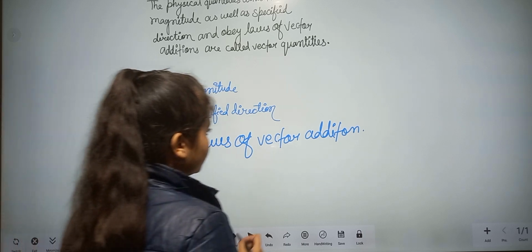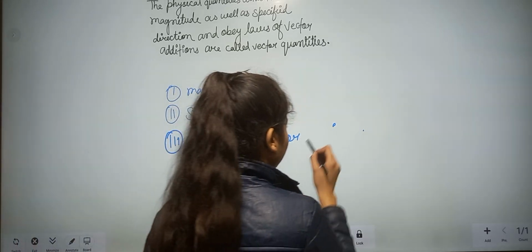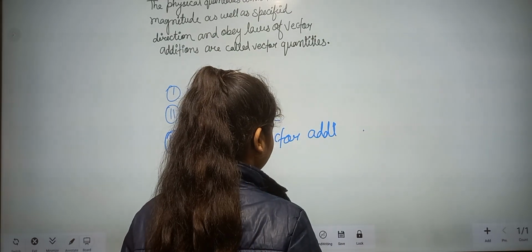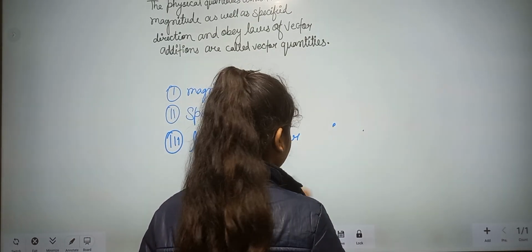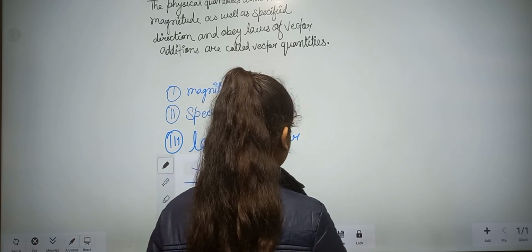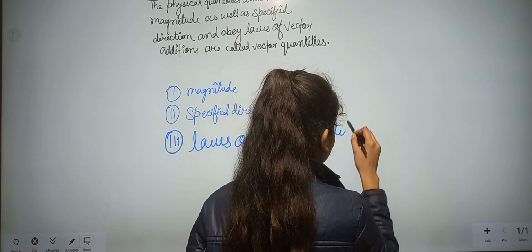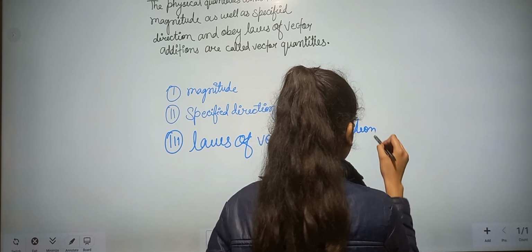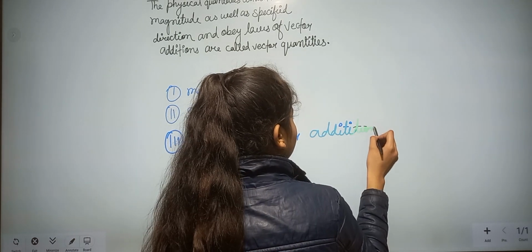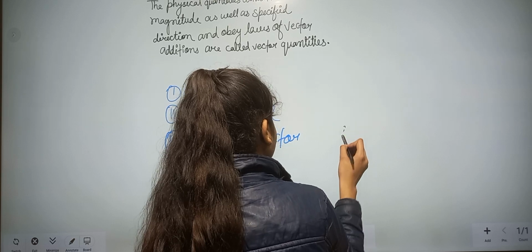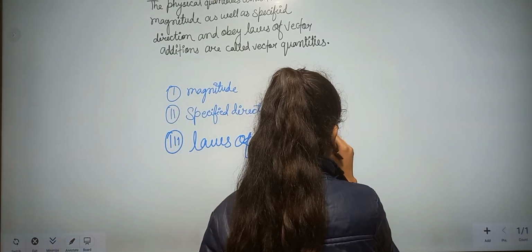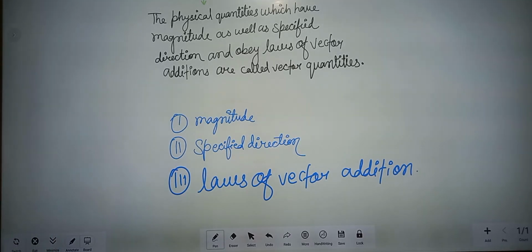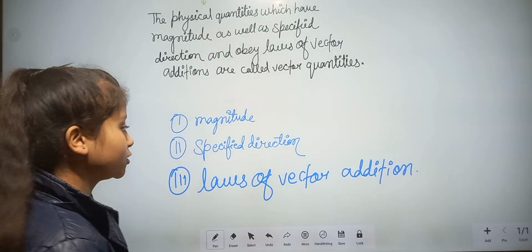A vector has magnitude, a specified direction, and laws of vector addition.